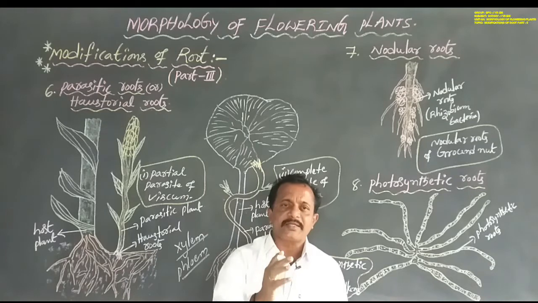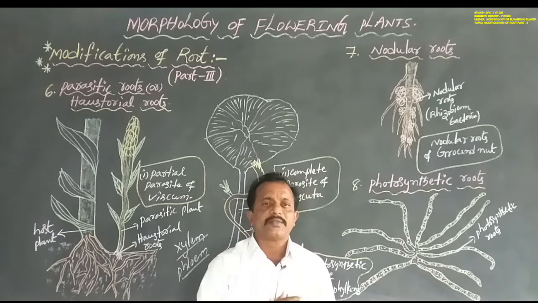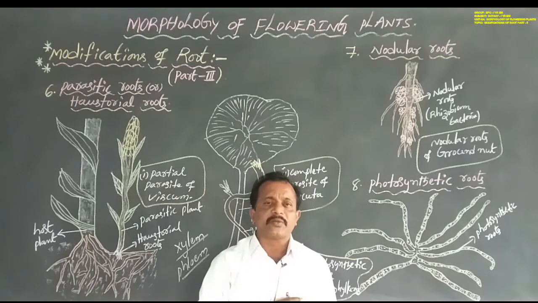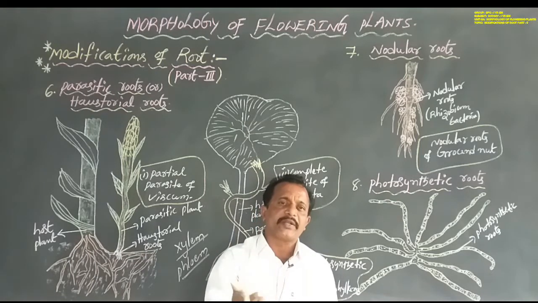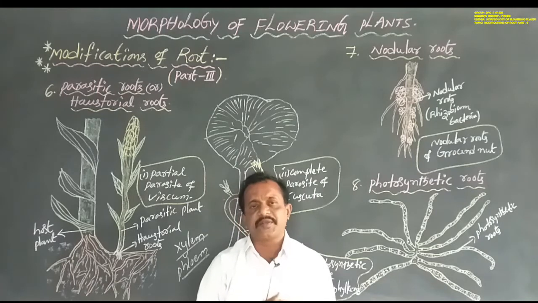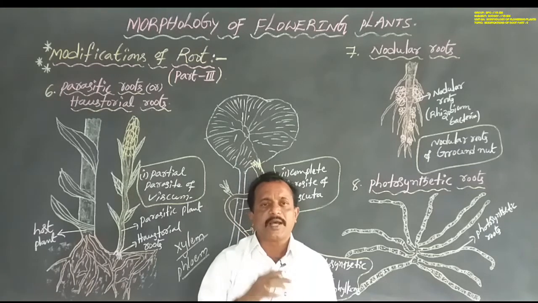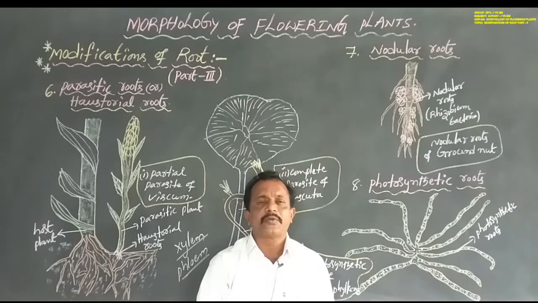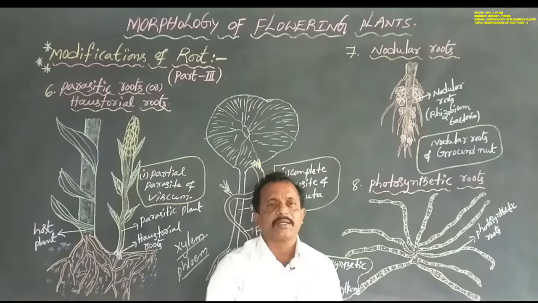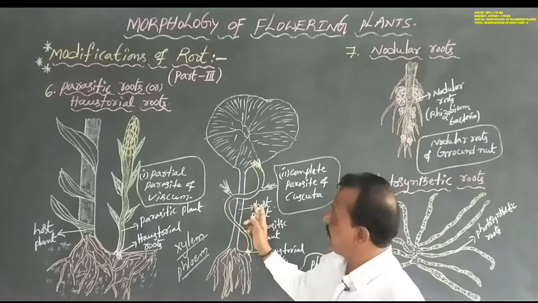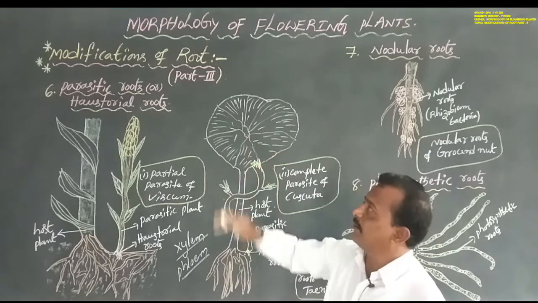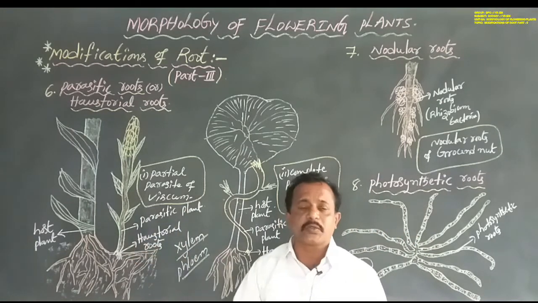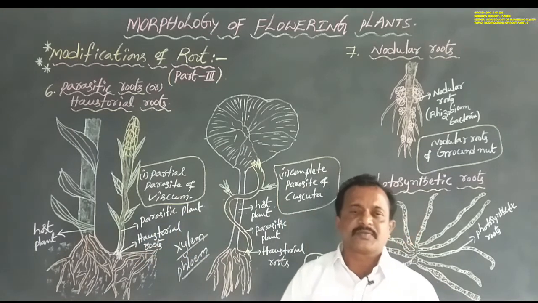Complete parasitic plants always depend on another host plant to get water, mineral nutrients as well as food materials. They do not make their own food material or absorb water and mineral nutrients themselves. They depend on another host organism. These are parasitic roots or haustorial roots.